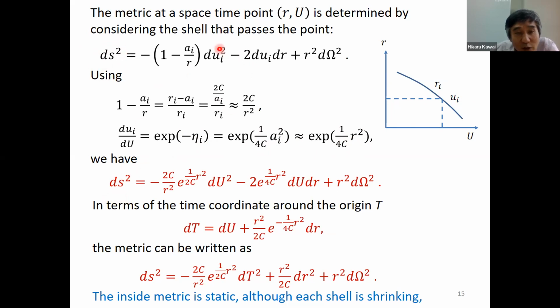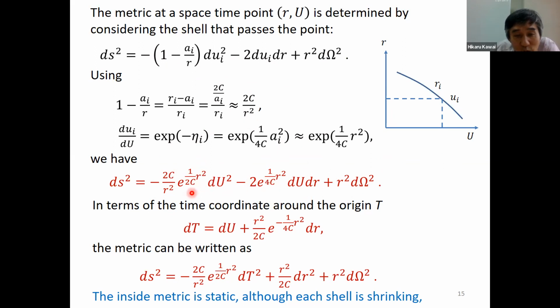So ds squared: du is expressed in terms of capital dU multiplied by this factor, so squaring it, we have exponential of minus 2C over R squared and dU squared. And this factor becomes this, so it can be written like this. Also du_i dr is this, so we have the factor exponential of 1 over 4C R squared, and 2 dU dr. In this way, we can determine the metric in the continuum limit.